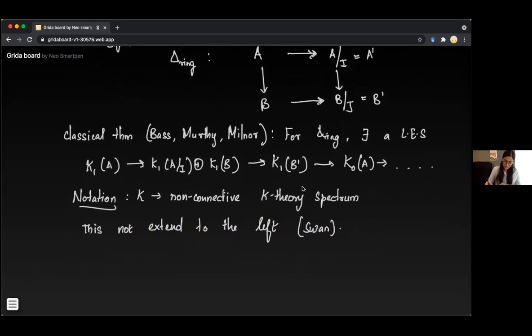So it's a recent result of Land-Tamme, who showed that if you work with pro-K-theory, then we can extend this whole sequence to an actual Cartesian square of K-theory spectra.